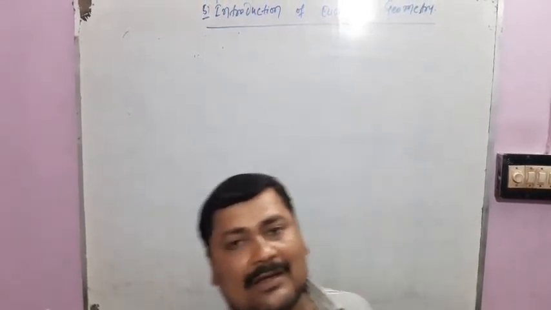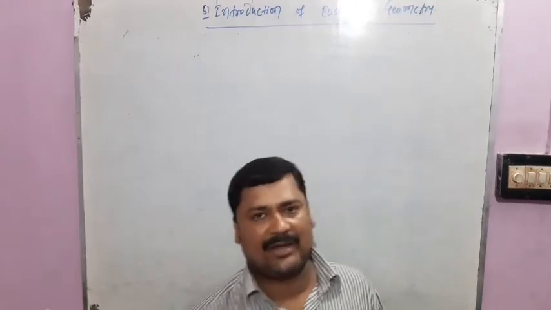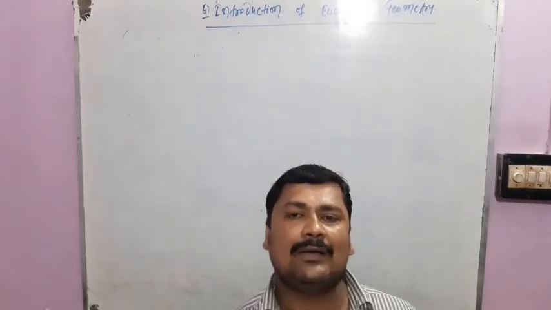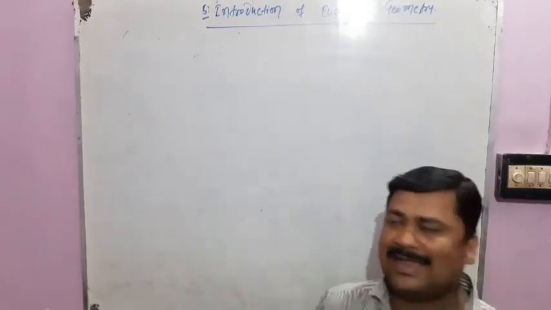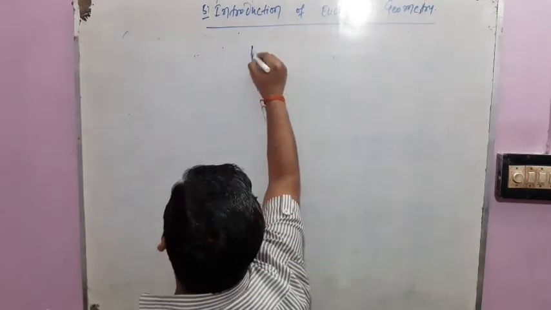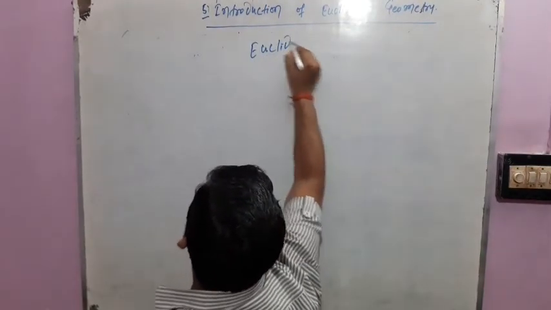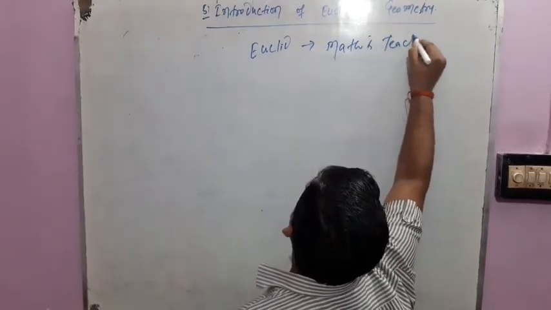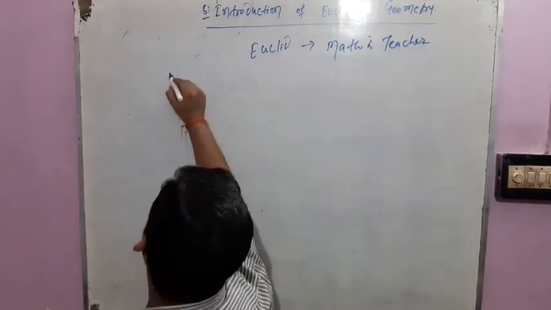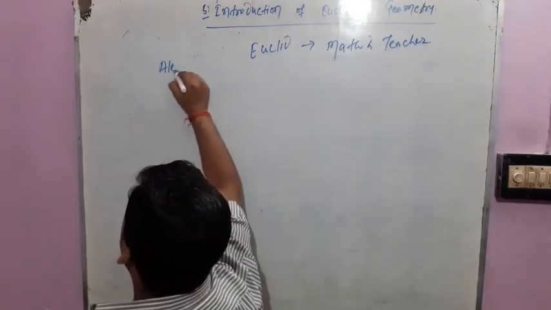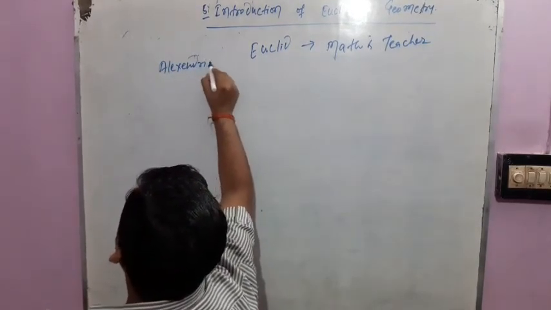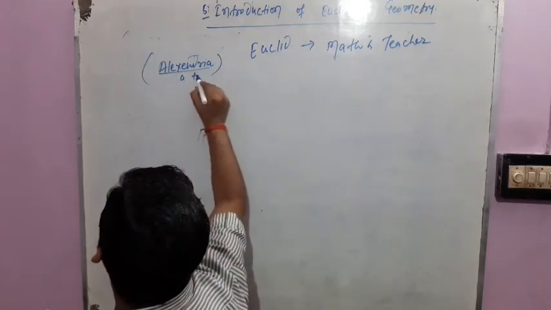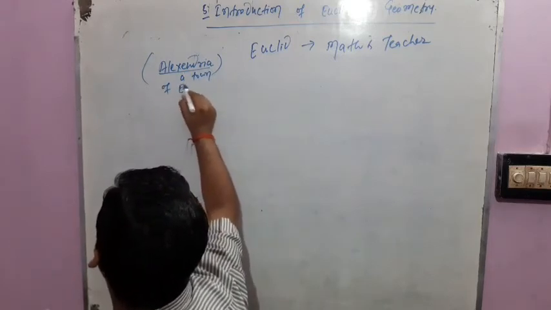Now we have to discuss what are the contributions of the Egyptians in the field of geometry. The great contribution of the Egyptians was that one of the math teachers of Egypt, whose name is Euclid, in the beginning was a math teacher, and he belongs to a town of Egypt named Alexandria.